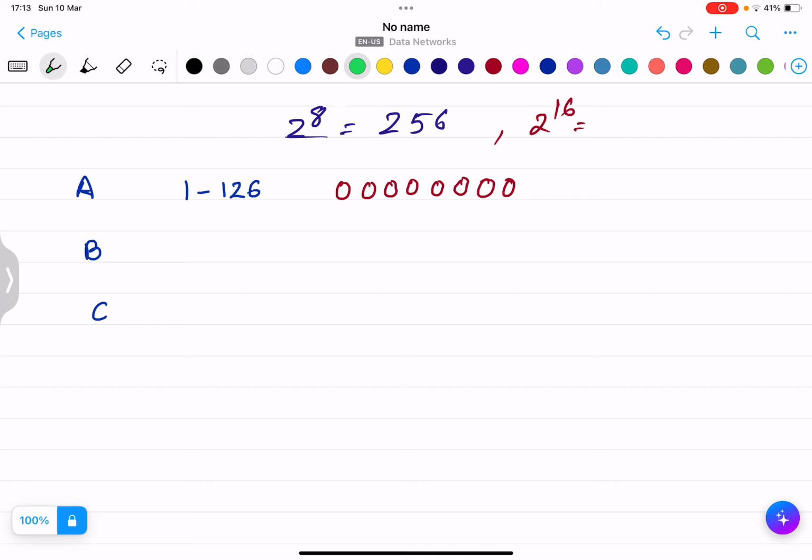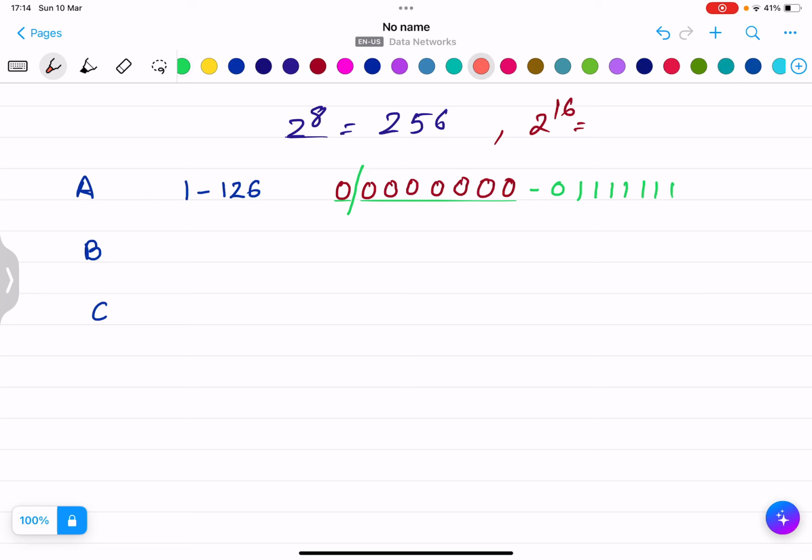We restrict the first bit. If it's a class A, then it is always 0, and the remaining bits can change. So for all the range, starting from all zeros to all ones, this first bit is always constant. This first bit is always 0 for class A.